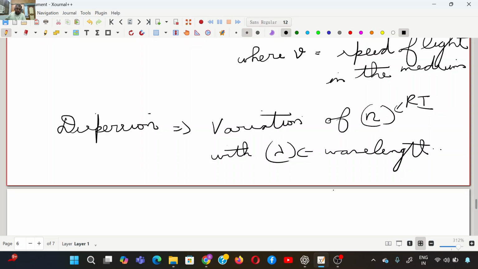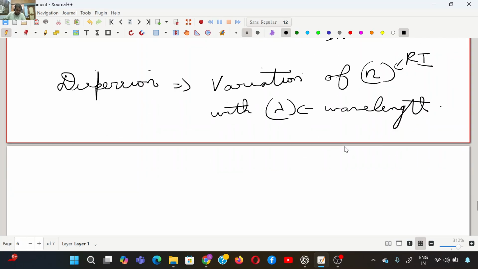See, visible light is composed of 7 colors, right? And each of those colors slows by different amounts in the medium because the refractive index is not the same for all the colors. Blue slows down more than red, and so blue bends more, and different colors bend by different amounts.